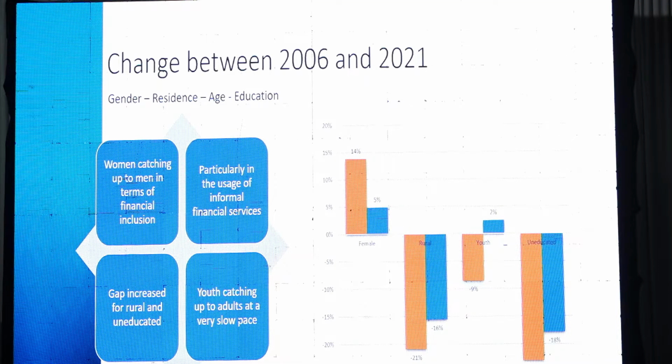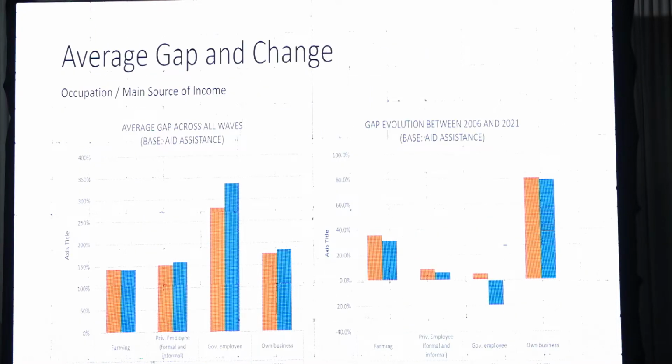And similarly, we see a similar trend for the education characteristic. And for youth, we see some sort of gap remaining, but reducing, particularly in the use of formal financial services. So we then did the same exercise by looking at the main source of income.